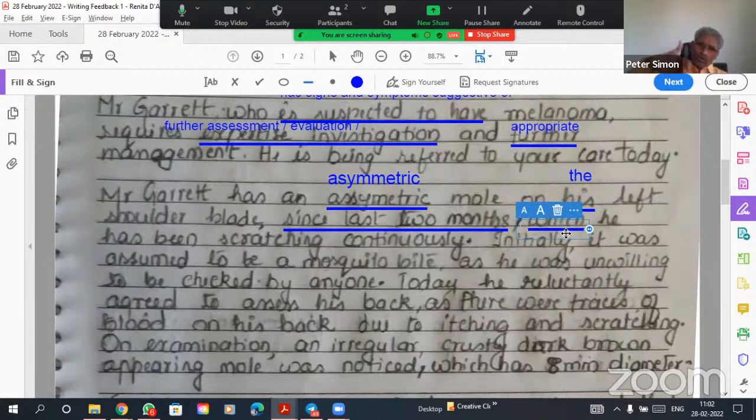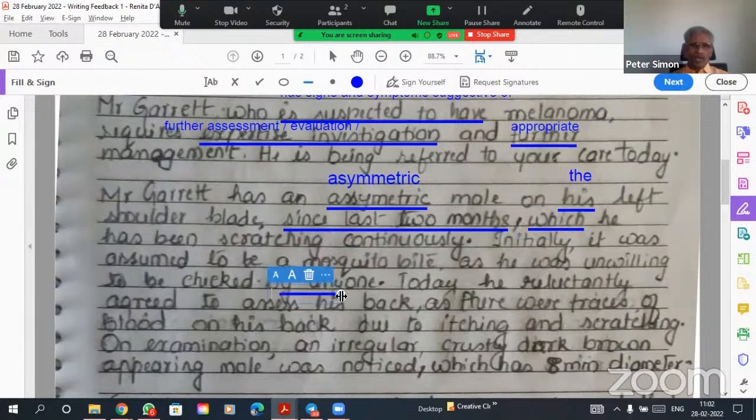You should put it next to asymmetric mole, which he has been scratching continuously. Why is it separated? The relation is, you know, like a husband and wife relationship. They should be together. Mole is which is mole. You cannot separate with a long gap. Never do that. This which is wrongly placed now. Since last 2 months is wrong.